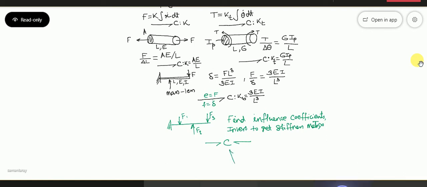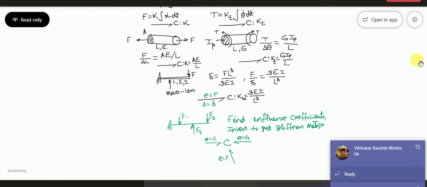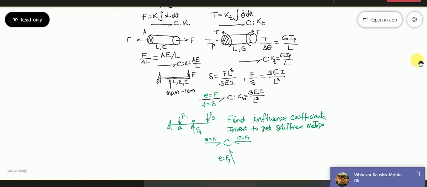One here effort is F1, here effort is F2, here effort is F3. If this location is A, this location is B, this location is C, then you have F equal to delta dot at point A. This becomes delta dot at point C. This is delta dot at point B, and so on. So this becomes multi-port.